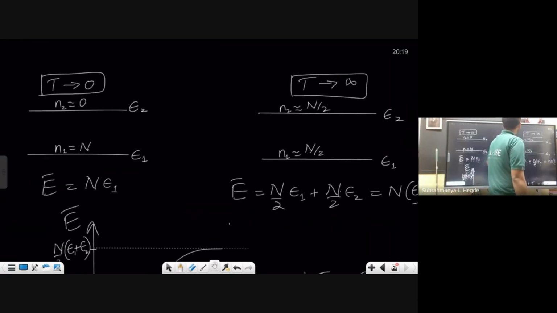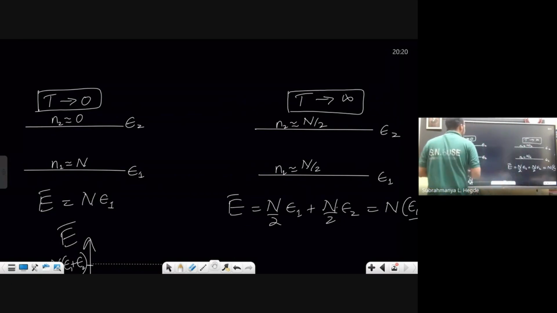It looks like when your thermal energy KBT is equal to the energy gap, it makes some transition from lower to higher.